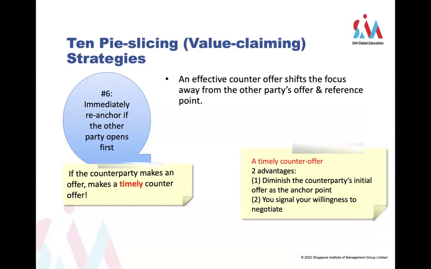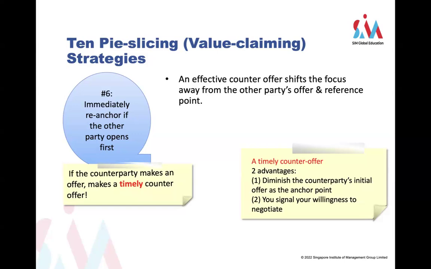Okay, shift the focus from the $100 and drop it down to something that is more acceptable for you if you are the buyer. So if the other party says, hey, I want to sell for $100, you immediately drop it down to, now it's too expensive. What about $80? Okay, so you shift the offer from $100 down to $80, which is something that is more acceptable for you.